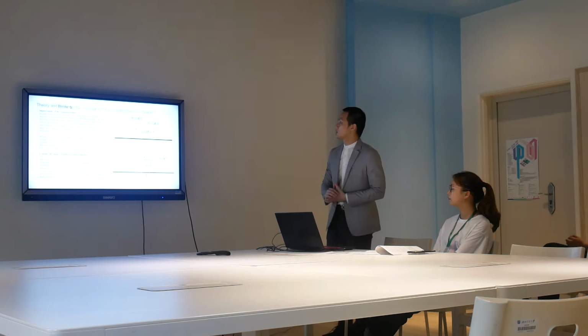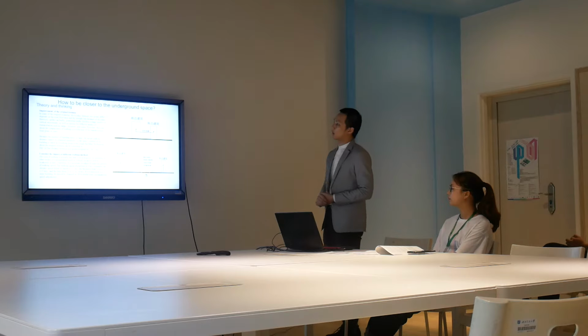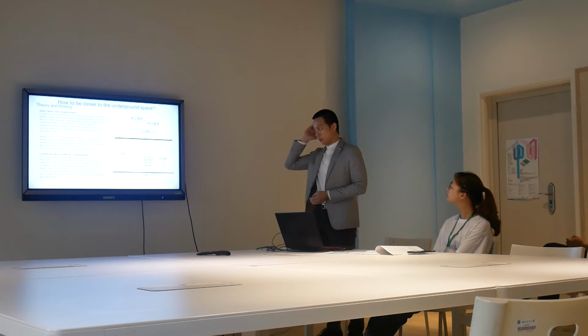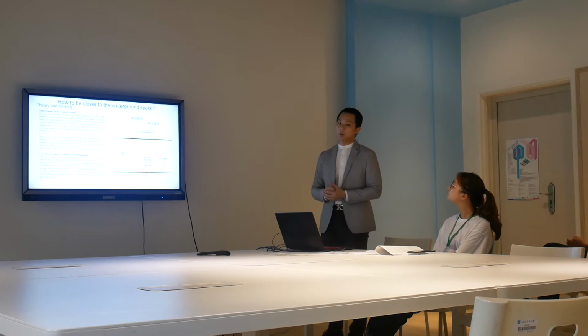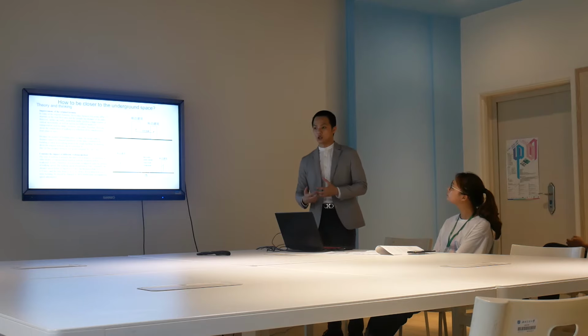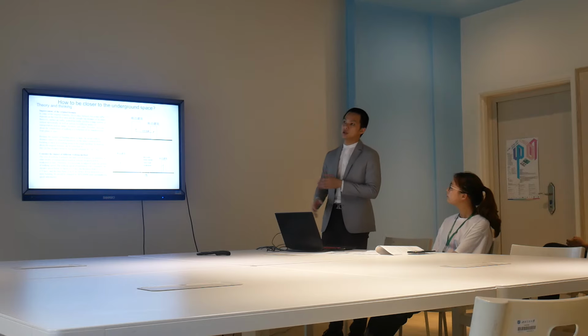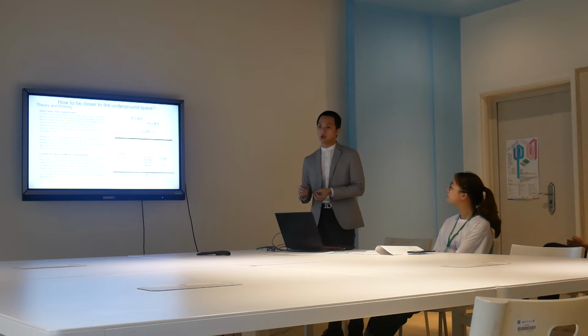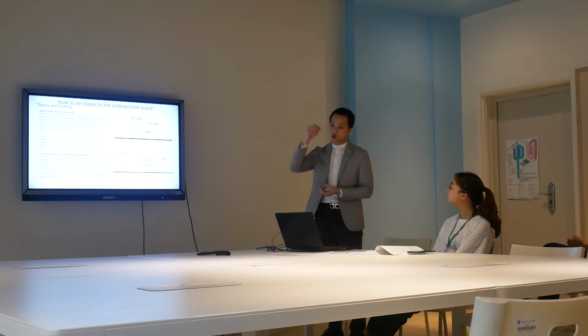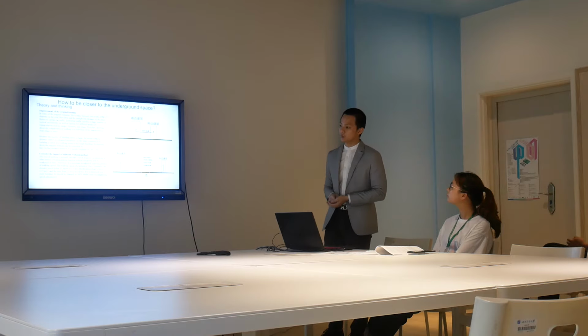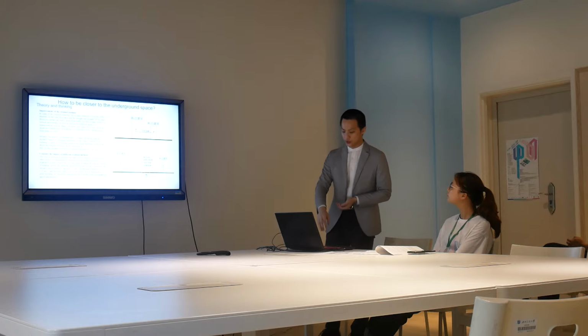So in advanced theories, we want to think about how to be closer to the underground space, because we changed the way of calculating the path. We thought that one path could be a combination of three parts, including two vertical parts and one path from the 2D building.